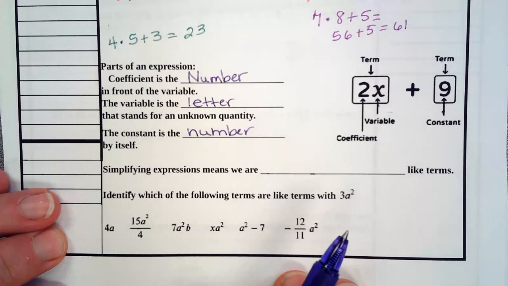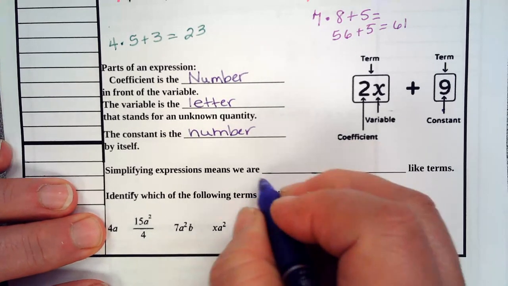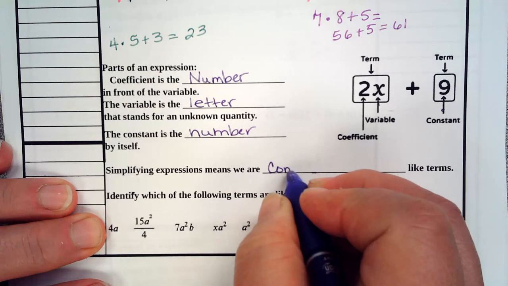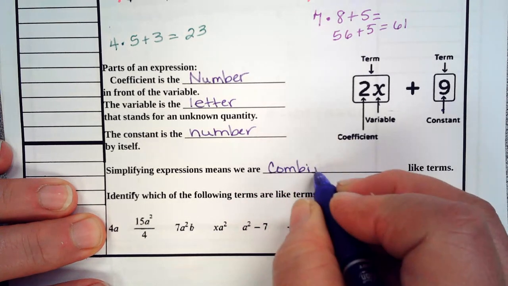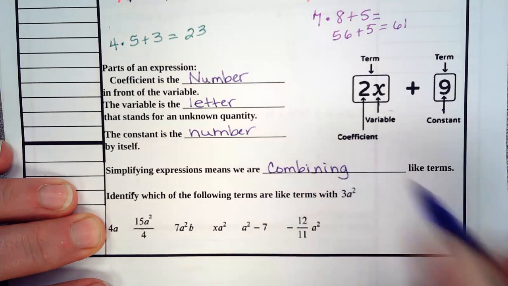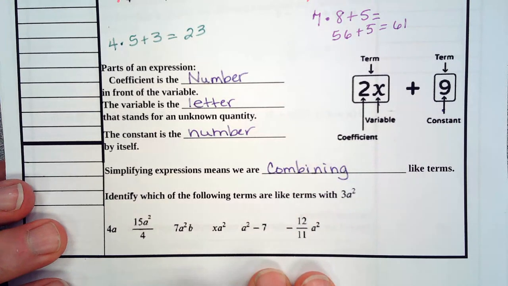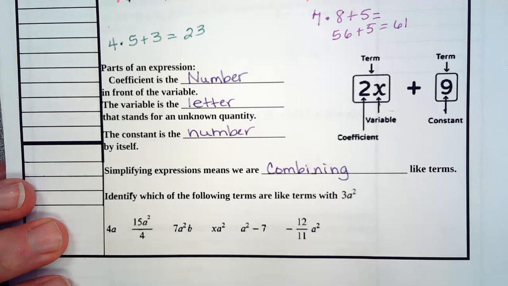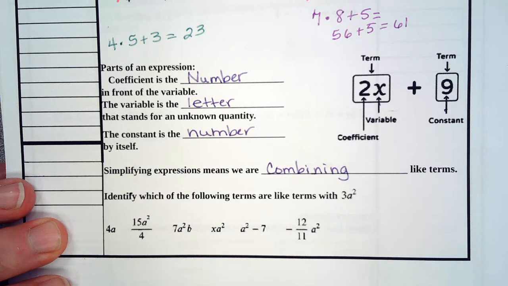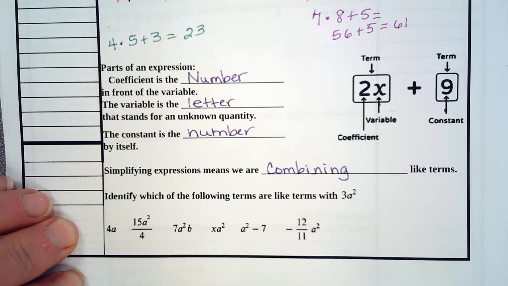Simplifying expressions means that we are combining like terms. Identify which of the following are like terms with 3a squared.